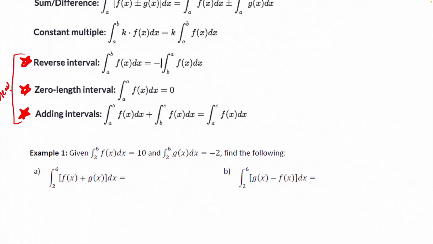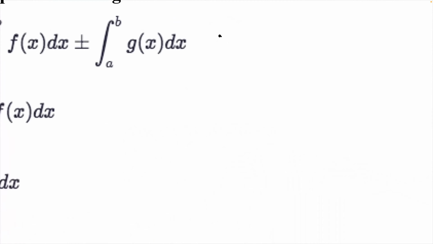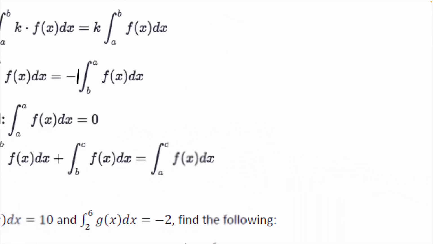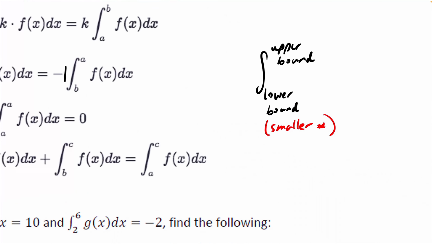So for us to do any type of integration, for us to solve, the bounds have to go from lower bound to upper bound. Okay? Lower meaning smaller number, upper meaning bigger number, right? Smaller number, bigger number.